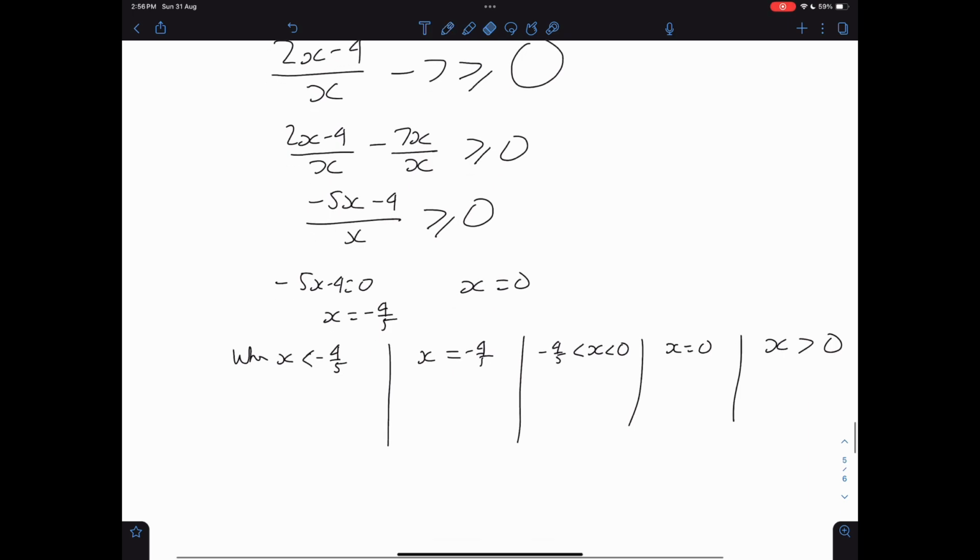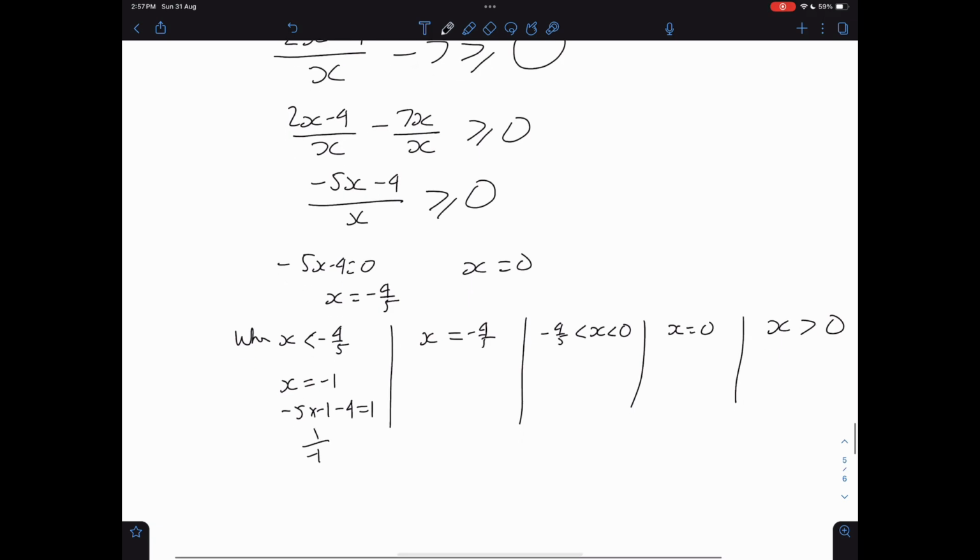So let's say when x is less than negative 4 over 5, for example, negative 1, that's equal to 1, and then 1 over negative 1 equals negative 1.